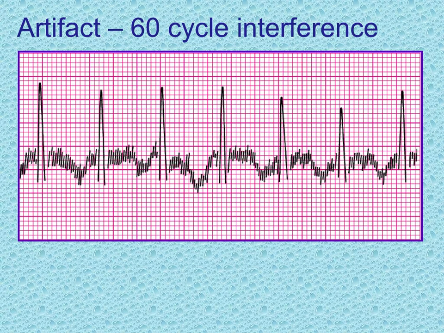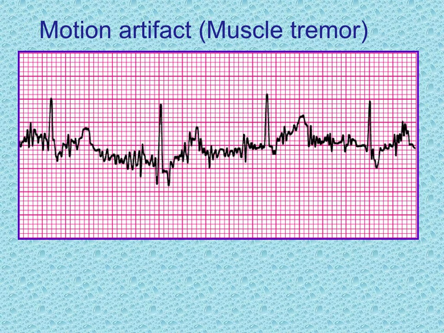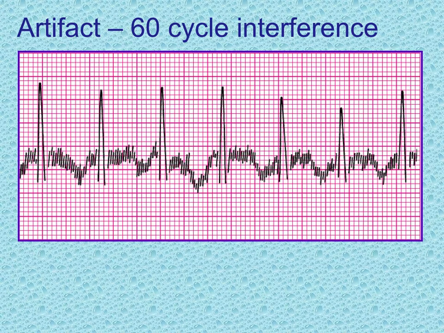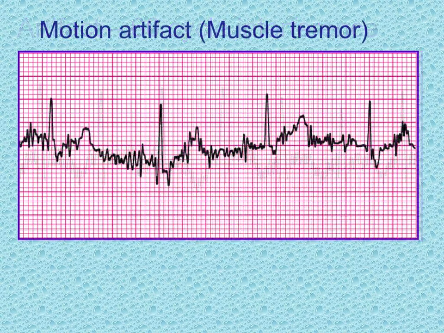So that is 60 cycle interference. This one is motion artifact, so you really can't see a clear matchup of what's going on, and there's a lot of variation, but it's not looking the same as the 60 cycle, which is a pretty set pattern. Motion artifact looks a little bit different.